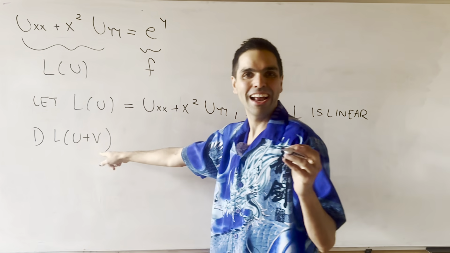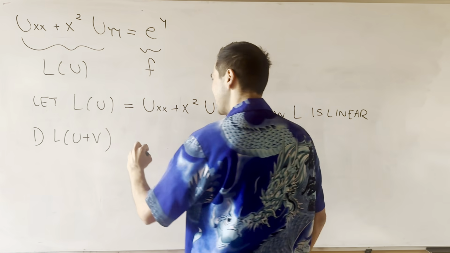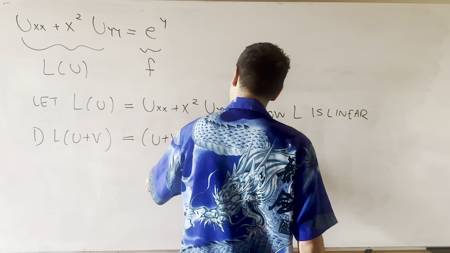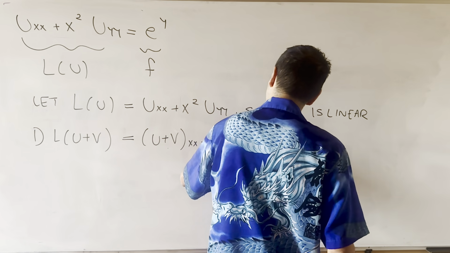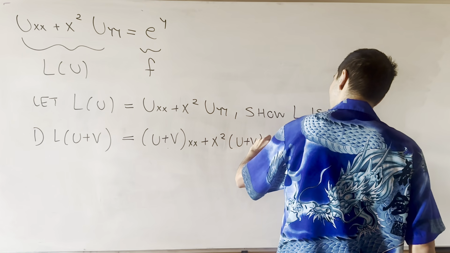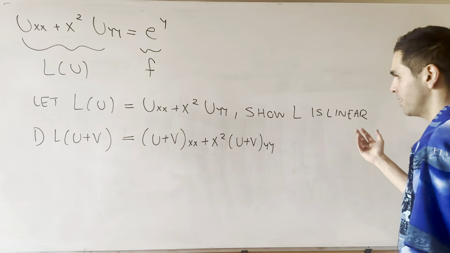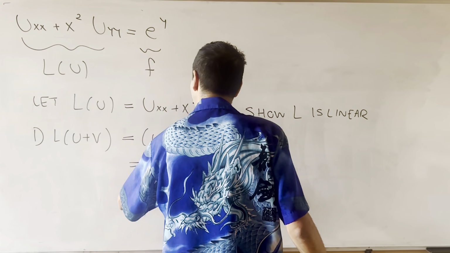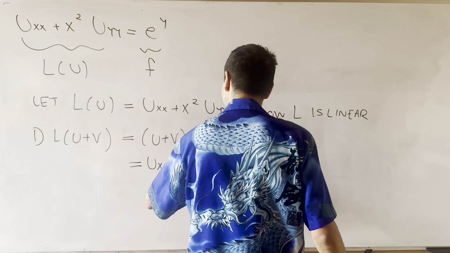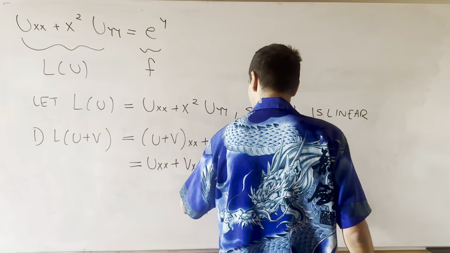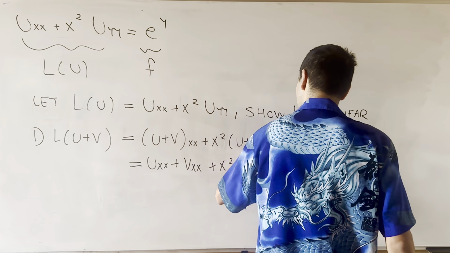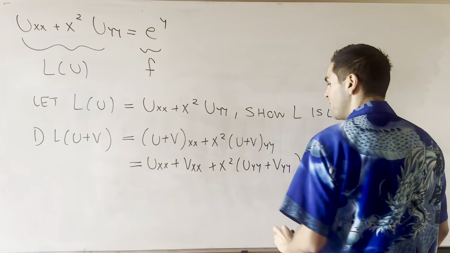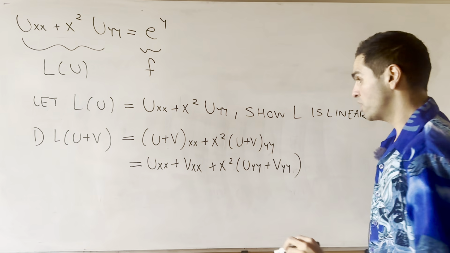Okay, so to show that L is linear, we just need to calculate L of u plus v. So that becomes (u plus v)_xx plus x squared (u plus v)_yy. And then you can expand out the derivatives, again, because differentiation is linear. Then just group like terms.